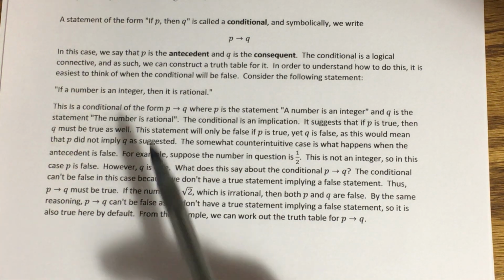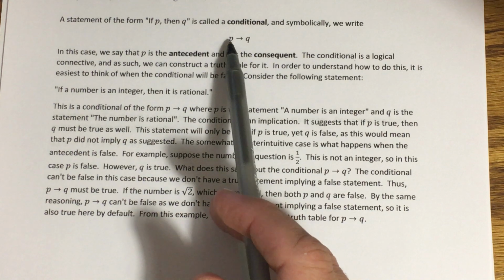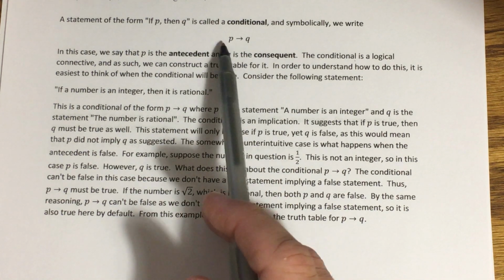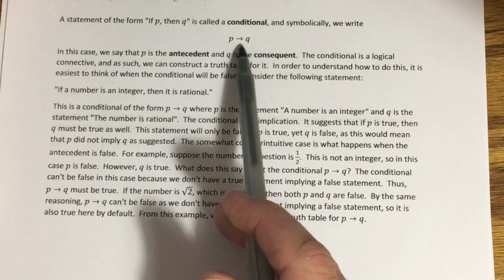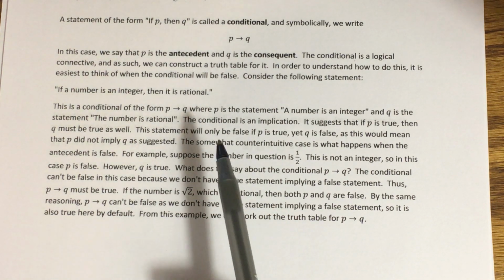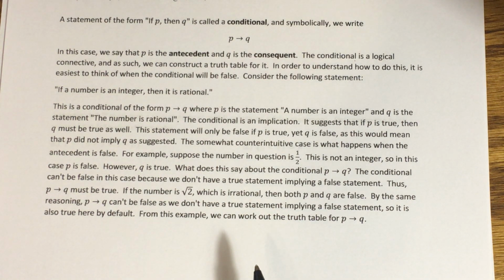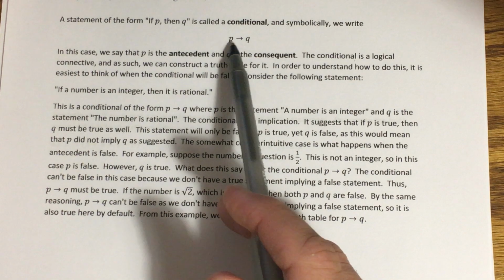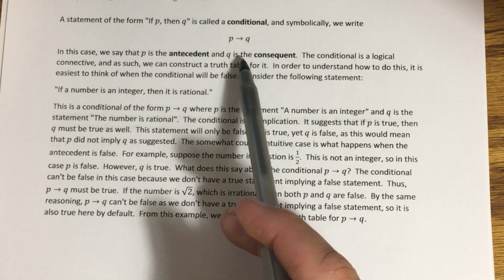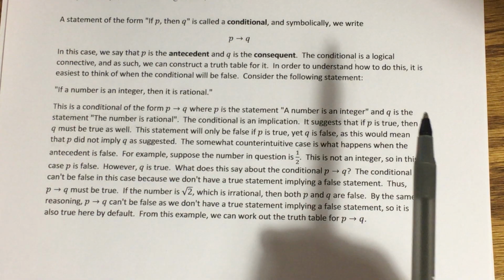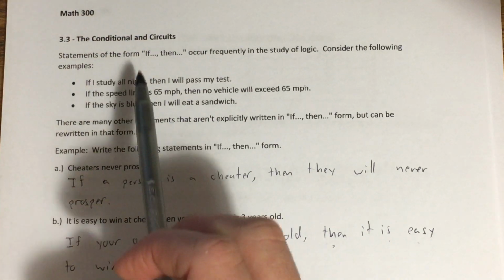So let's think about what it means to determine the truth value of a conditional statement like this one. It turns out it's actually easier to analyze this by considering what it would take for a conditional to be false. So again, take a look at some common if-then statements.